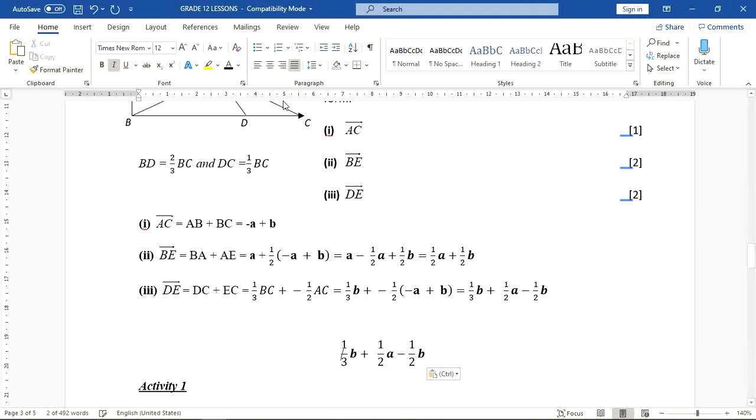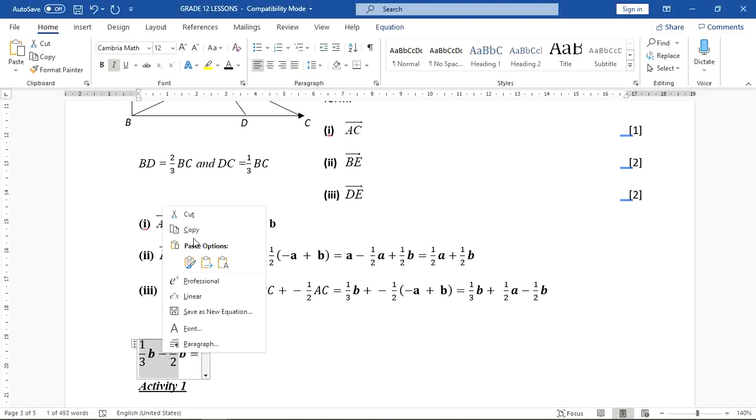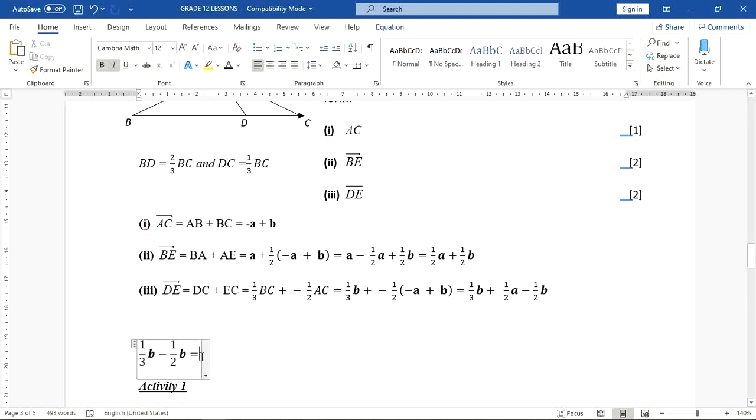Nice. All right, so we just need to get rid of this A term. We don't need it. So I have a third minus a half, so I need to make sure that the denominators are the same. So I'm going to multiply the first one by 2 over 2 and multiply the second one by 3 over 3.